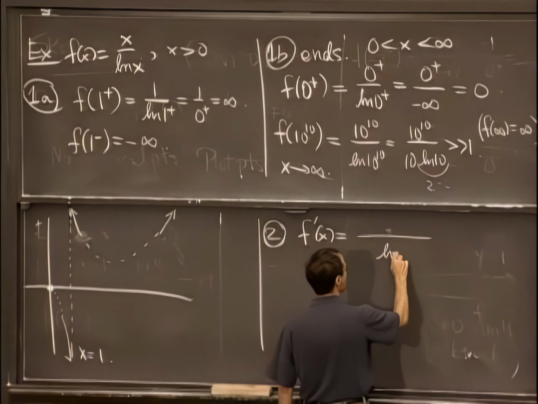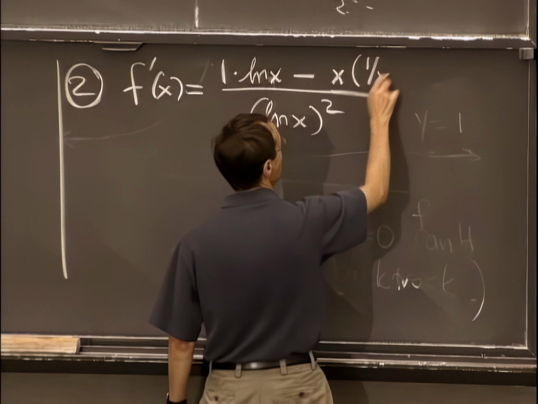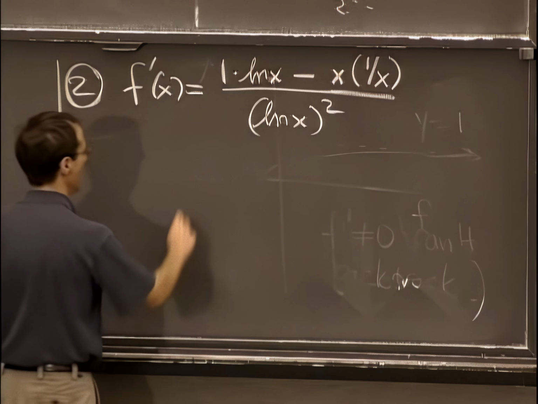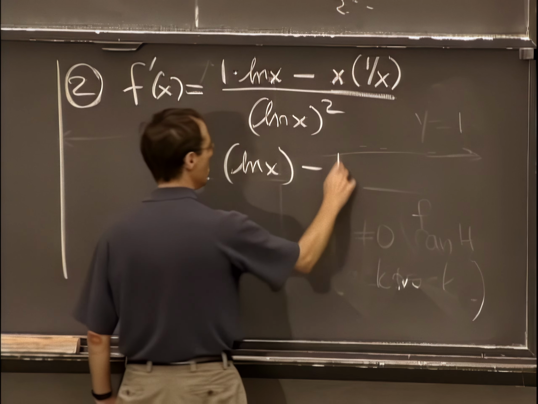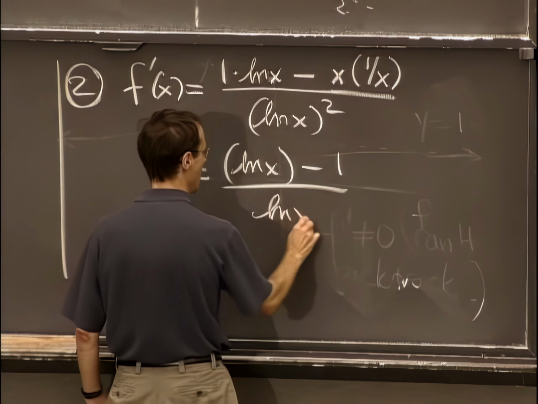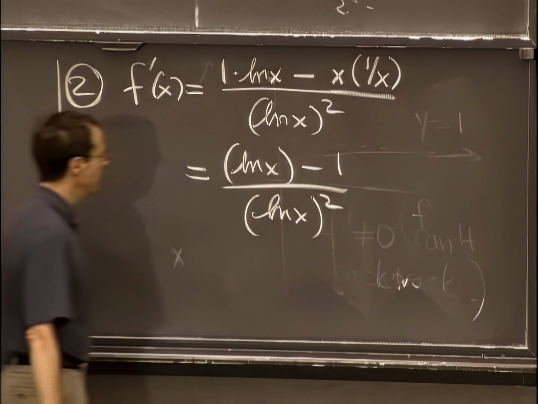So I have a log x squared in the denominator. The derivative of x is 1, so I get 1 times log x minus x times the derivative of log x, which is 1 over x. All told, that's log x minus 1 divided by log x squared.